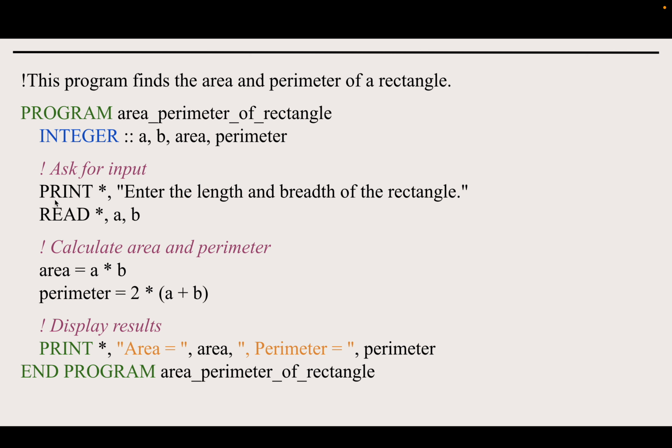In the print statement we have given "enter the length and breadth of the rectangle" and read them as A and B. That means we are telling the user to give some input, and those input values will be stored as A and B in their specific locations. Next we do the same operation and find the area.